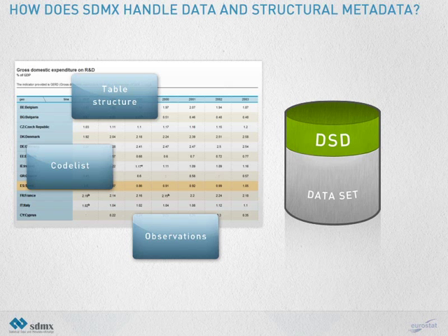The same technique can be used to exchange information about the quality of the data or the statistical methodology. Now we have a common and simple way to describe, exchange, and process data and metadata automatically.